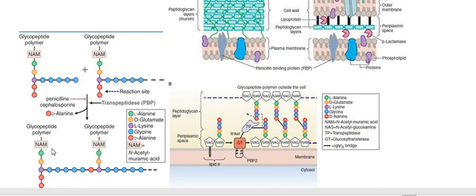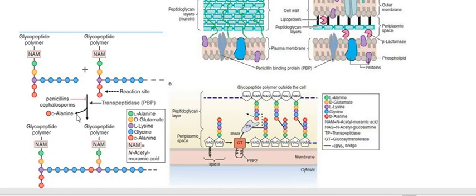Therefore the rigidity of the cell wall is lost, and the osmotic pressure of the cytoplasm is so high that it is responsible for rupture of the bacterial cell wall, and therefore the bacteria die.